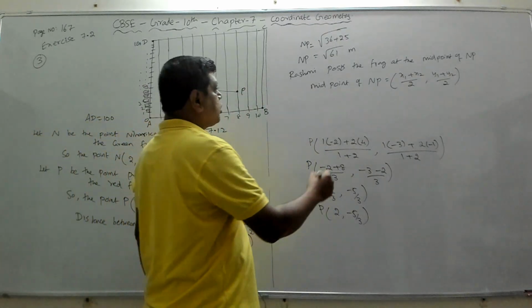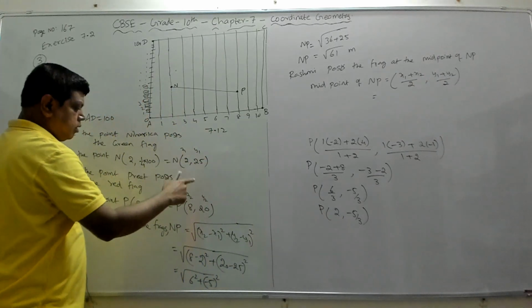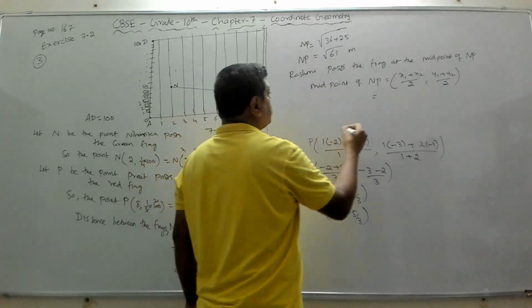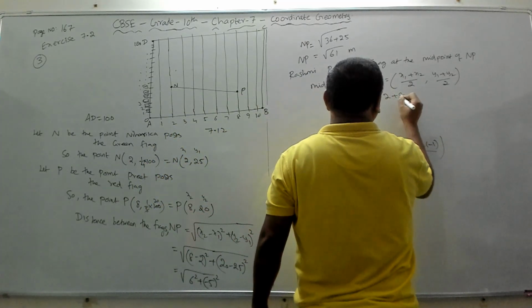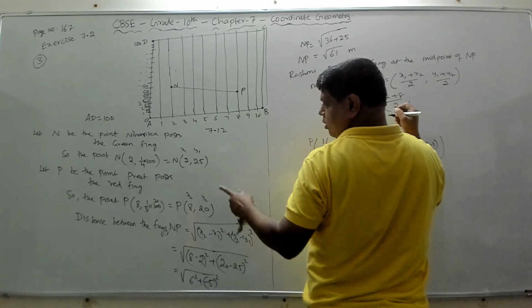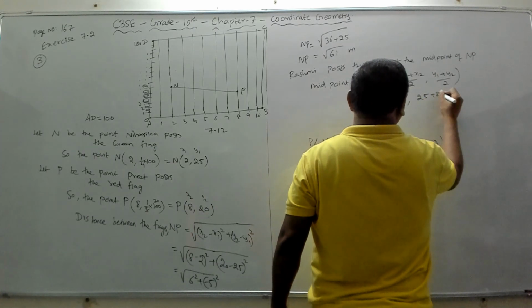So if you take this as x1, x2, x1 plus x2, so 2 plus 8 by 2 comma 25 plus 20 by 2.